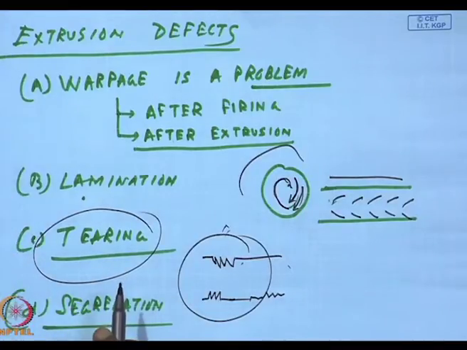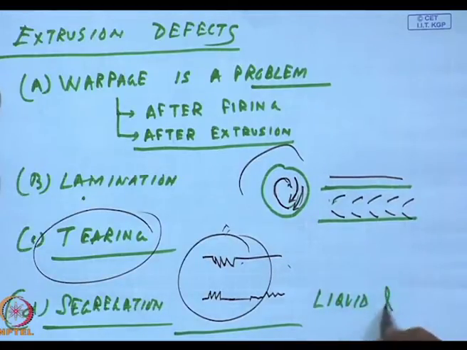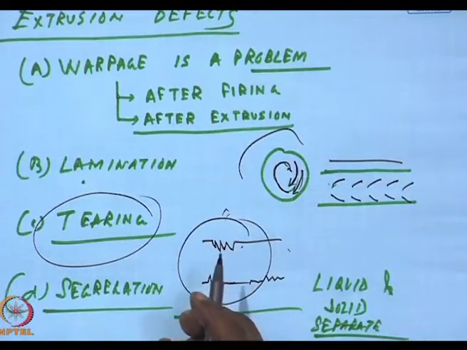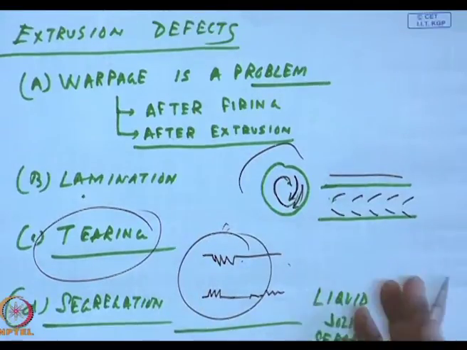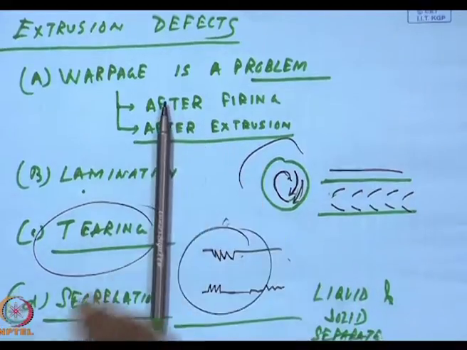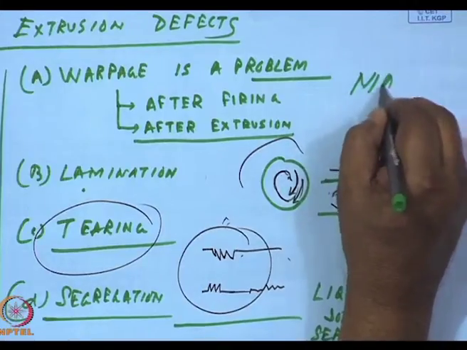But in segregation, the liquid and solid separate out. This results in cracking, distortions, and in fact rejection of the piece. The piece is no good. Now, all these defects are what we call macro defects.